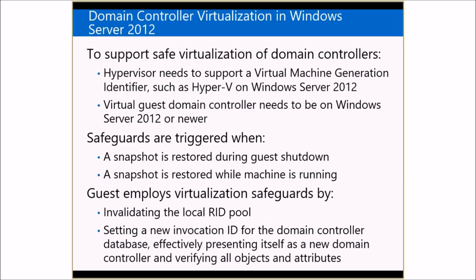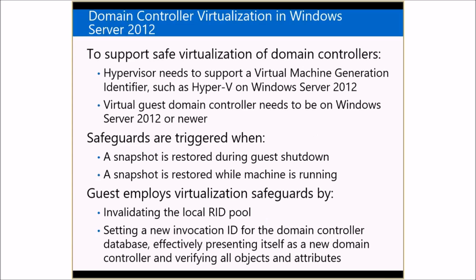To support safe virtualization of domain controllers, the hypervisor needs to support virtual machine generation identifiers. So they need to know which generation this virtual machine is. Such as Hyper-V on Server 2012, and in 2016 even better, the virtual guest domain controller also needs to be Server 2012 or 16 in our case.